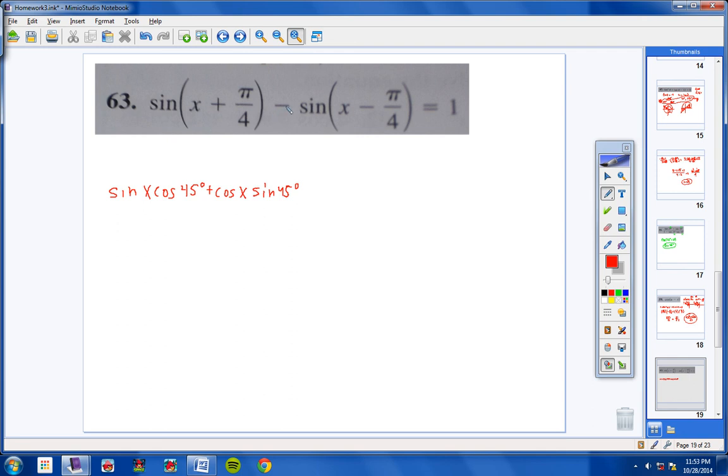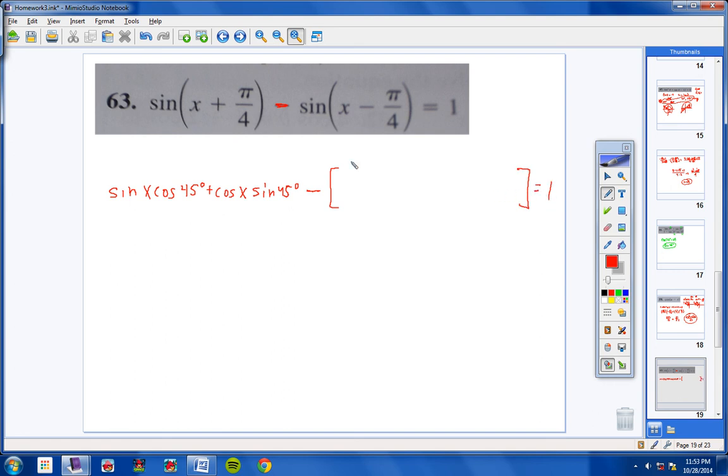I would encourage you to bring it down and put a bracket so that you know everything inside gets the negative sign. It's very important. And then equals 1.